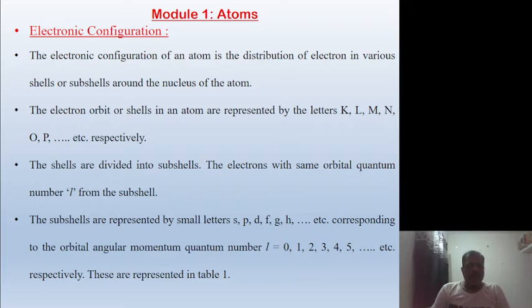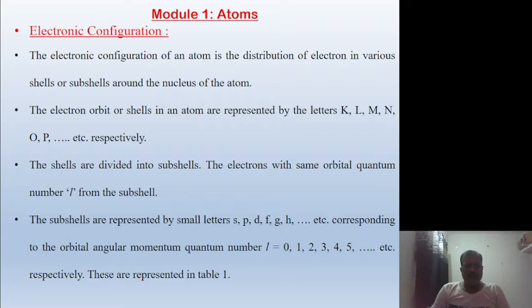The electron orbits or shells in an atom are represented by the letters K, L, M, N, O, P, etc. These are the shell numbers. Now the shells are divided into subshells.